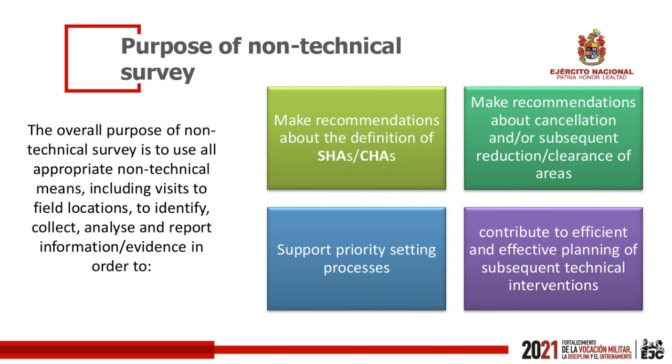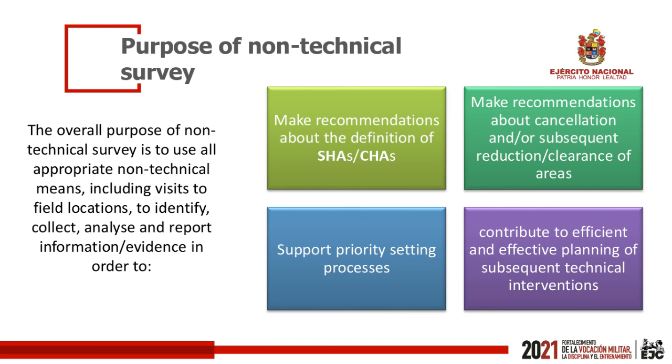And after that, with all the information, with the recommendations to cancel the area, to define the confirmed hazardous area, suspected area, and the priority levels, make an efficient and effective planning before and during the intervention.